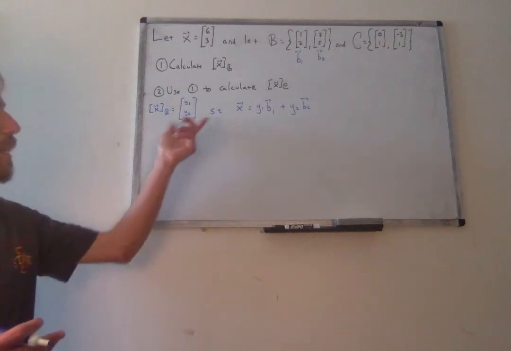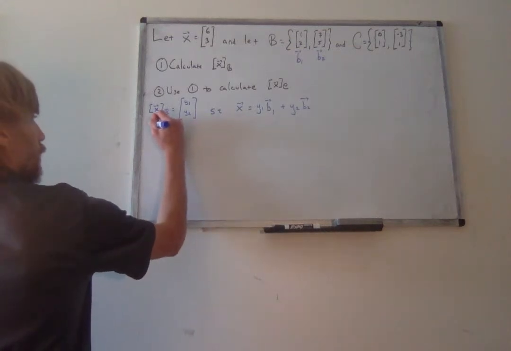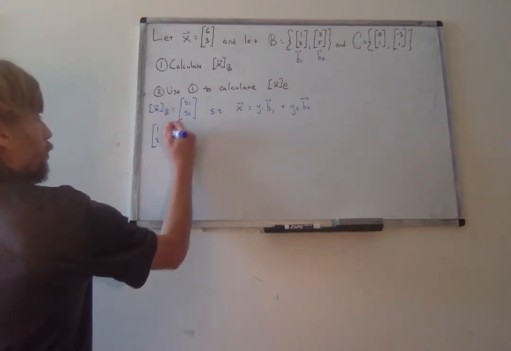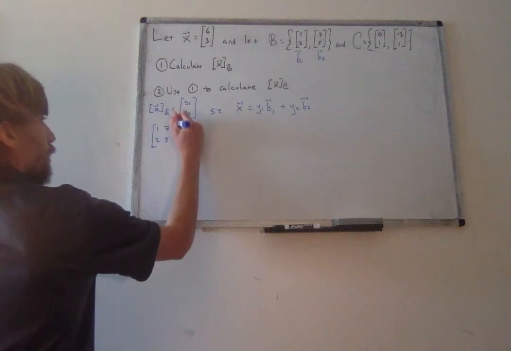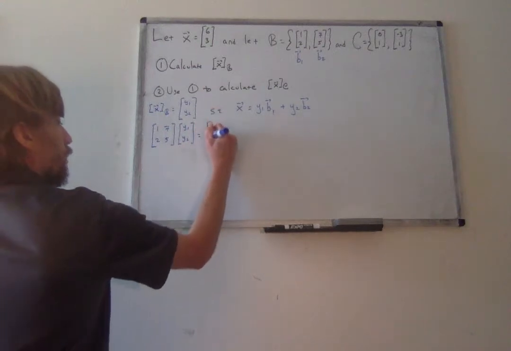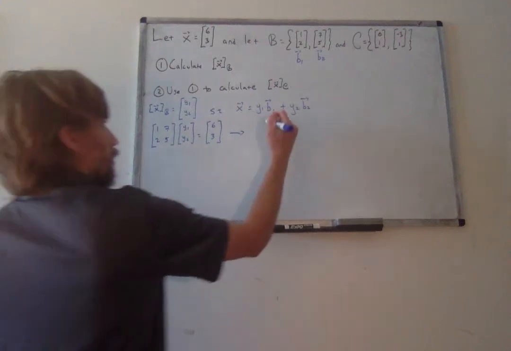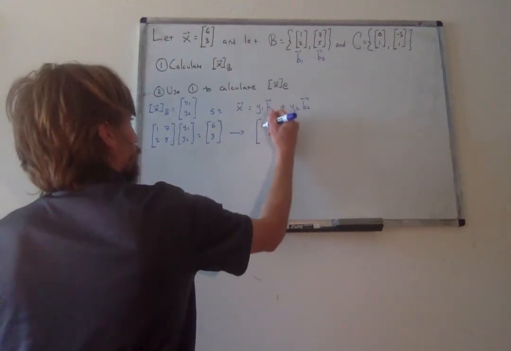And remember, we can find this by just solving the matrix equation: the matrix 1, 2, 7, 5 times y1, y2 is equal to 6, 3. To do this, remember we row reduce the augmented matrix.